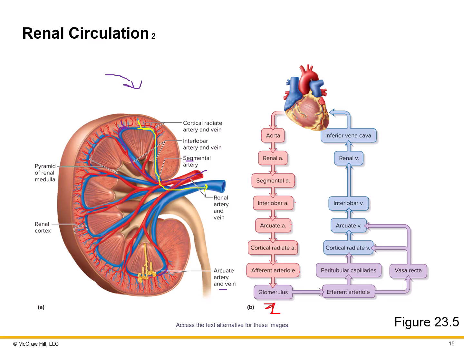That's a little bit of an ugly one, but pretend that's a 1. Our efferent arteriole, our second capillary bed, either a peritubular capillary or the vasa recta, and then our venous system, cortical radiate, arcuate, interlobar, skip segmental, renal, and back to the heart.